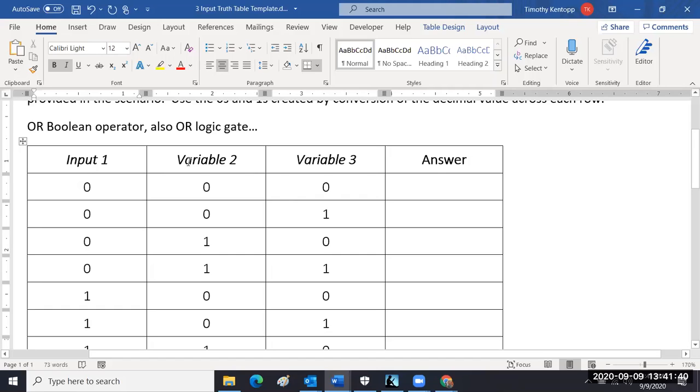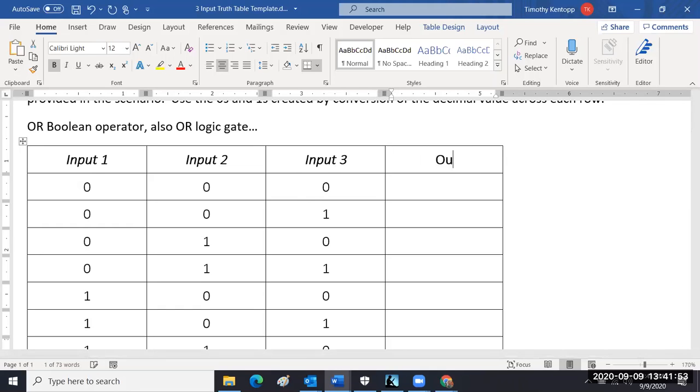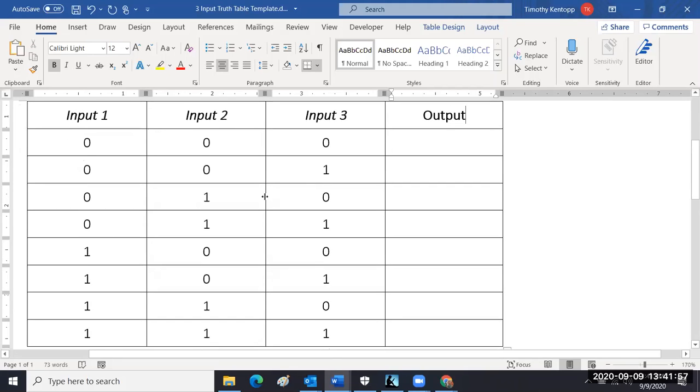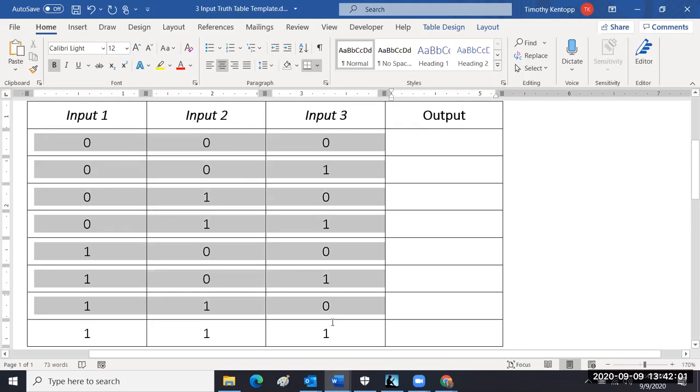What's 2 to the third? We have 3 inputs. What's 2 to the third? Cubed. What is it? 8. You have 8 possible combinations.